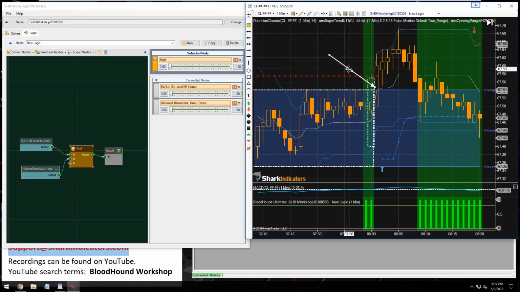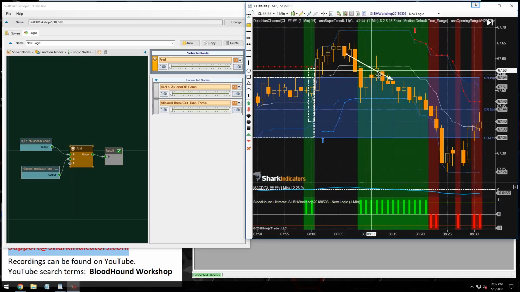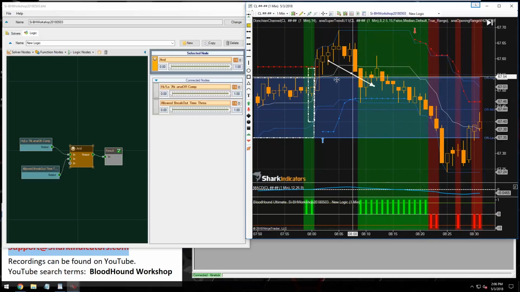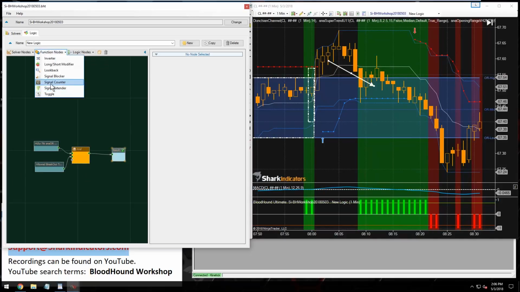So now we got this, but look, we have other signals down the road. We don't want BlackBird to keep trading further down the road here. So we need to get rid of all these extra signals. Basically we still need to add that signal blocker in here.